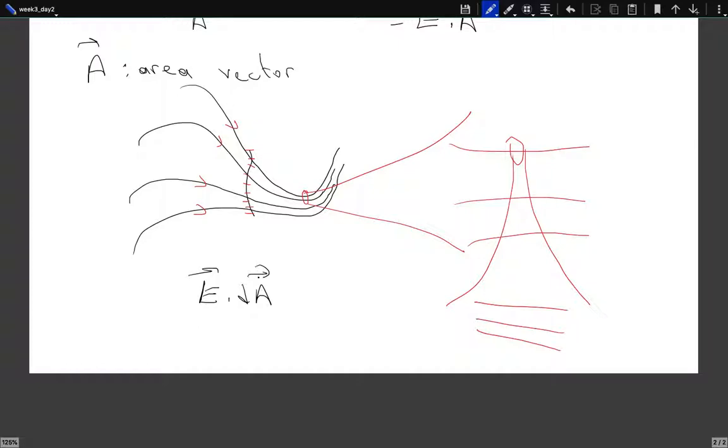So I just sum up the lines passing through each one of those areas, and that sum over very small quantities just becomes the integral. This is the electric flux passing through an area A. You are integrating over whatever area you have.